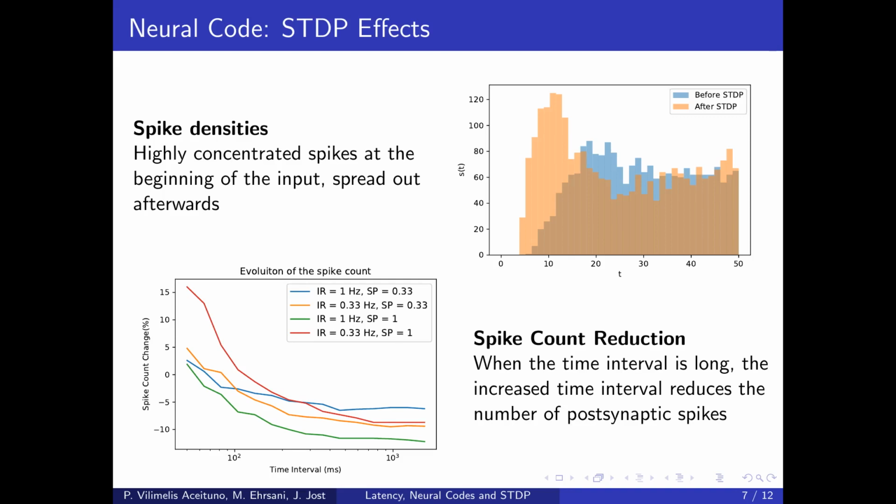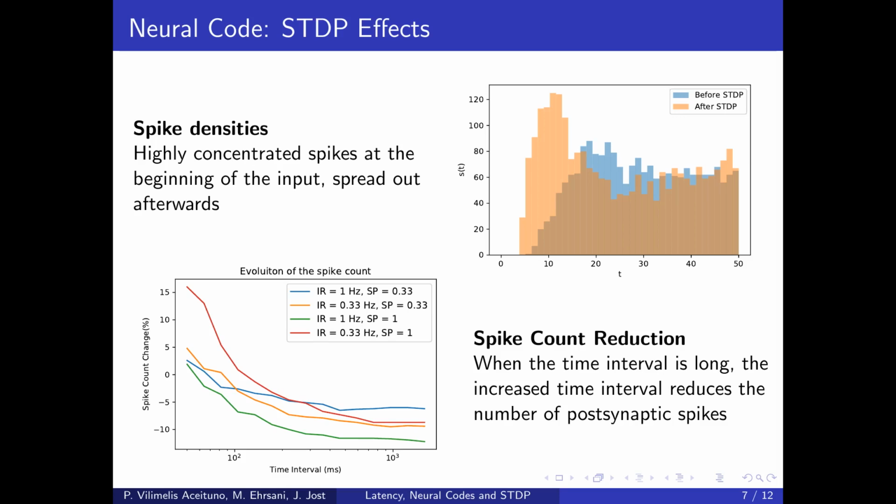Another thing that happens is that if the stimulus is fairly long, like 3-4 seconds, the number of spikes decreases. That is because there's a lot of secondary spikes, and the interspike interval is large.